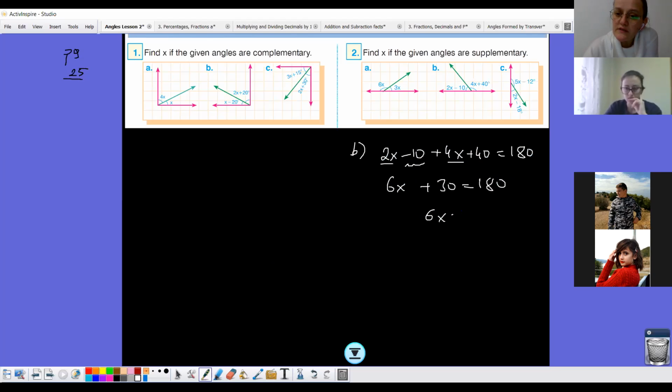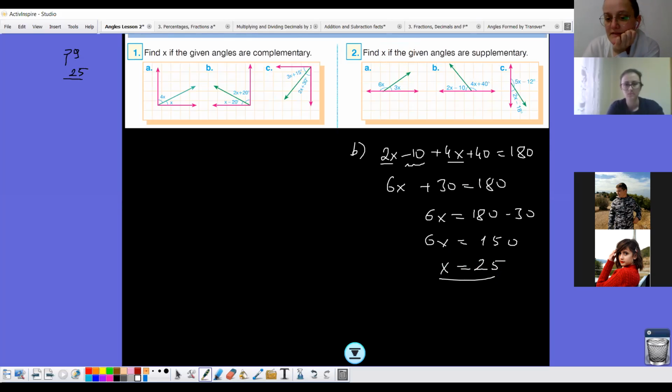Then 6x is equal to 180 minus 30. 6x will be 150. X is equal to 150 divided by 6, which is 25. Yes, okay, teacher. Because it's asking only to find the x, and we have found the x.